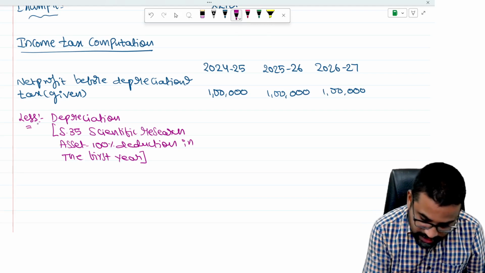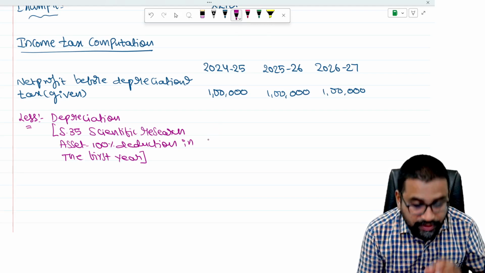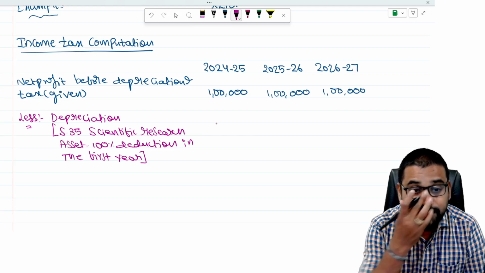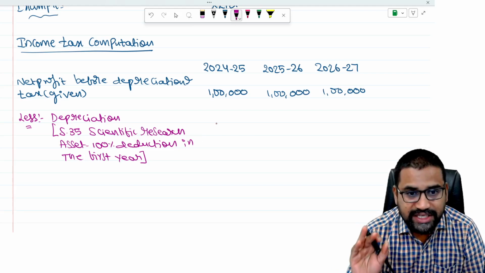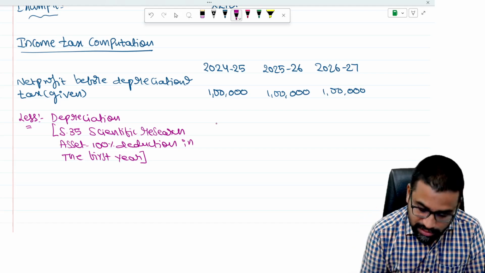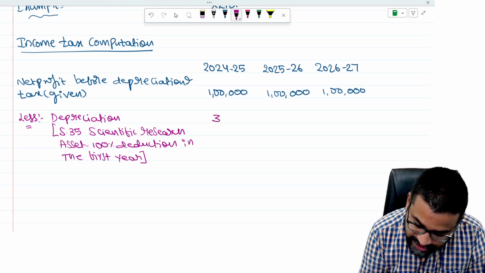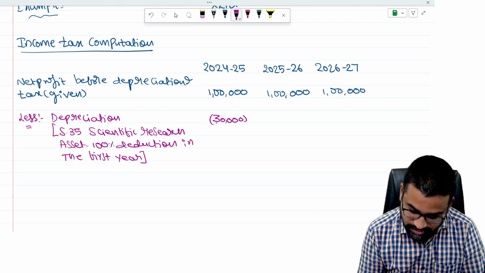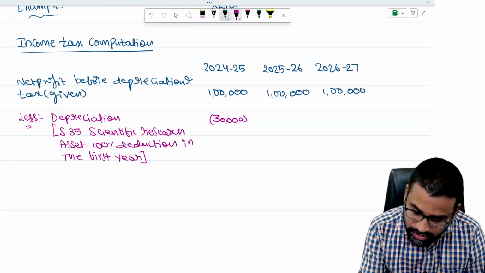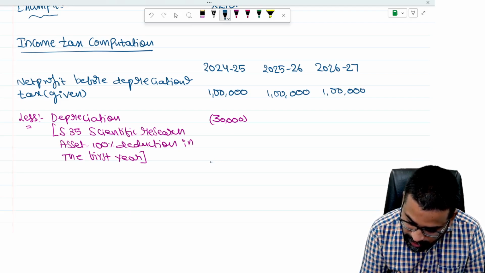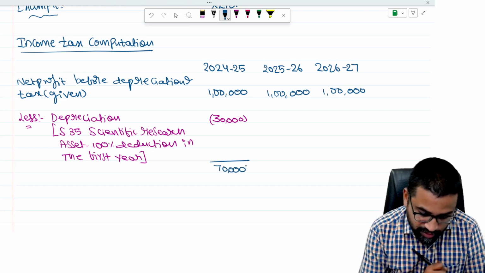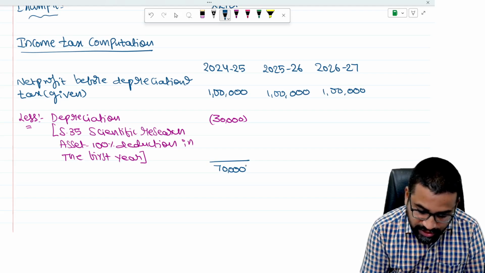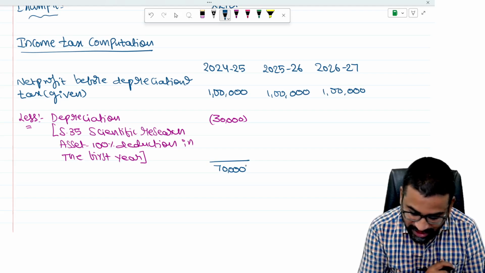So you tell me, in year 14-15 we purchased one plant and machinery, and this plant and machinery is for scientific research. 100% is allowed. So what is the cost of this asset? 30,000. So you deduct 30,000. So therefore, what will be your net profit after depreciation? 70,000.